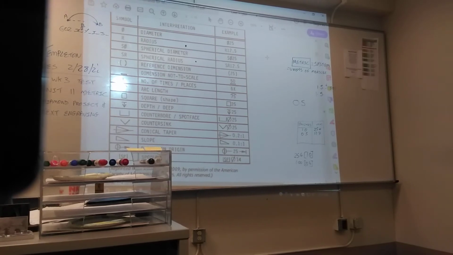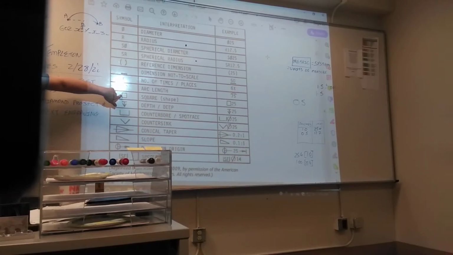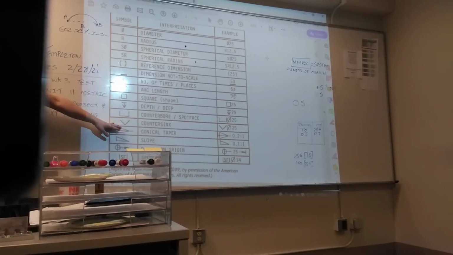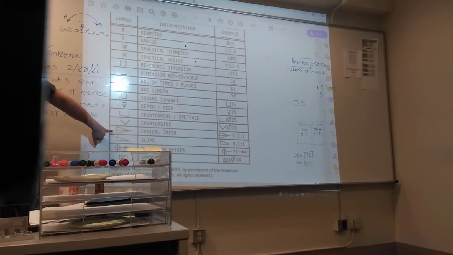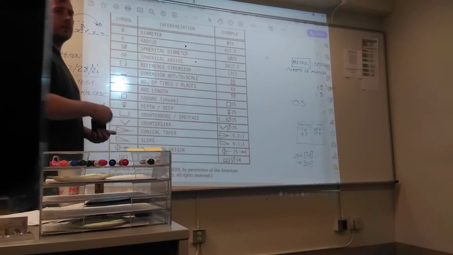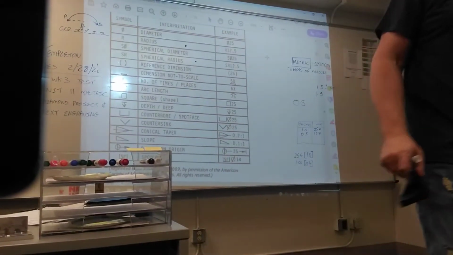Underneath arc length, we've got square. So what does this symbol tell me? Part is square. Right? You've got depth, counterbore, countersink, conical taper, and then you've got slope. What is the difference between conical taper and slope? Well, conical taper goes like this, right?